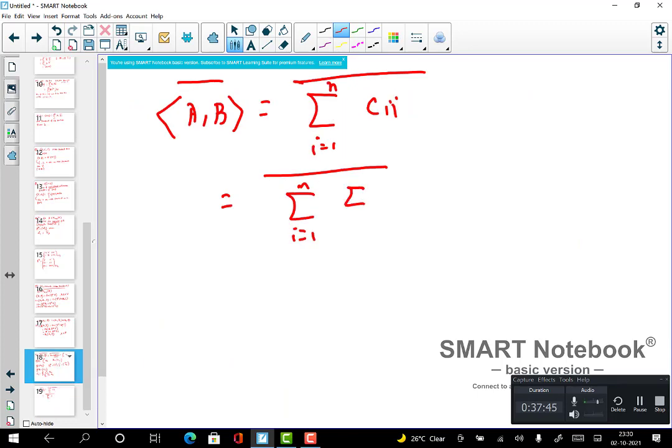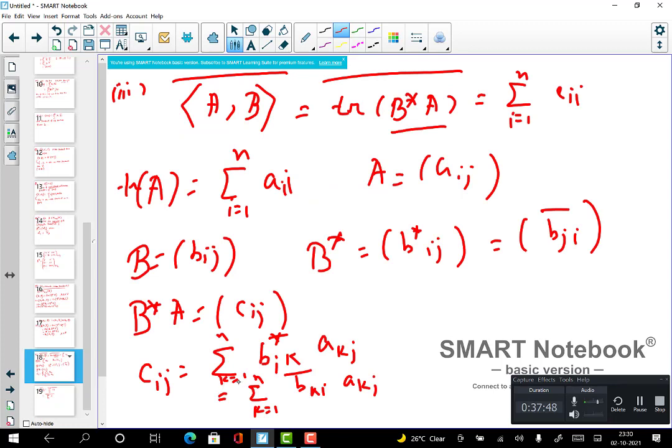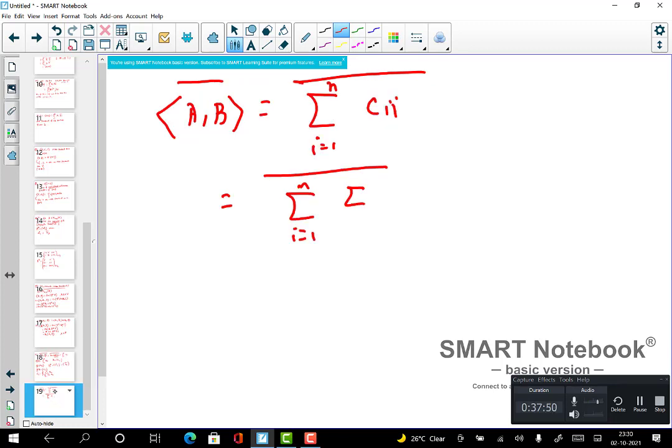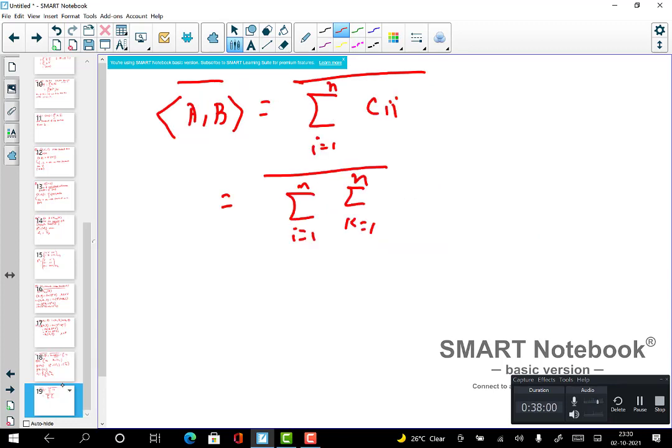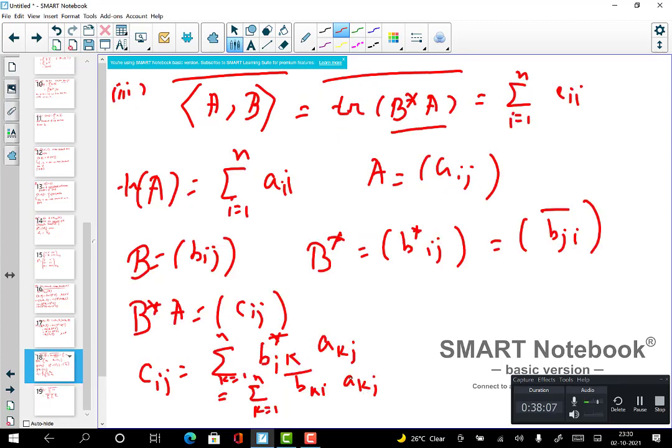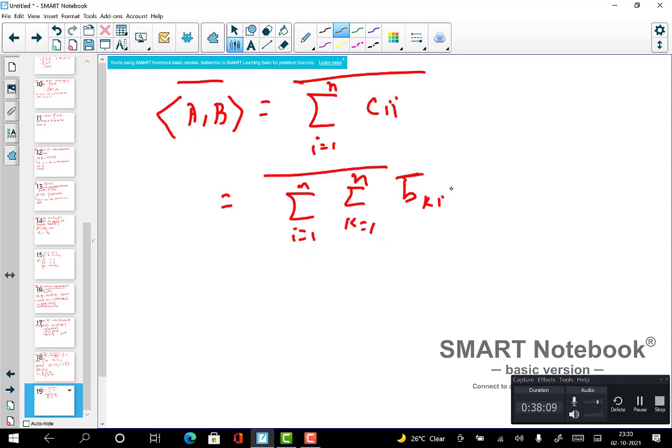So when j equals i, it is summation over i, summation k equal to 1 to n, and then we'll have bki bar and then aki, okay, because j equals i, and there is a whole bar that is coming from this bar, okay. So now you have double sums here, okay.